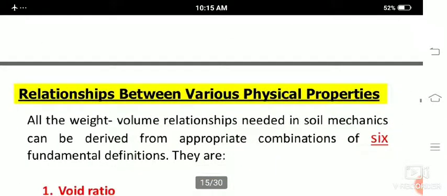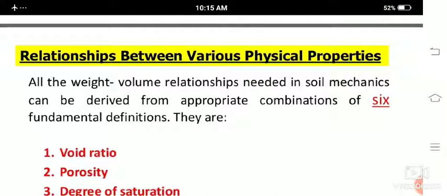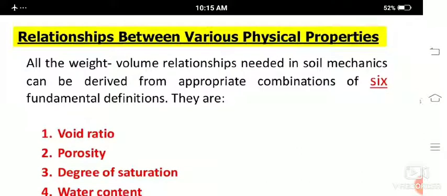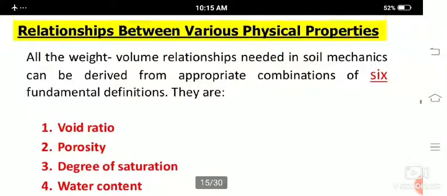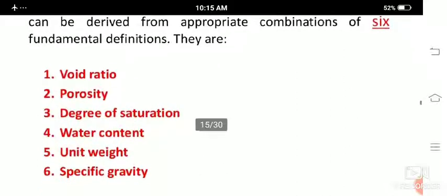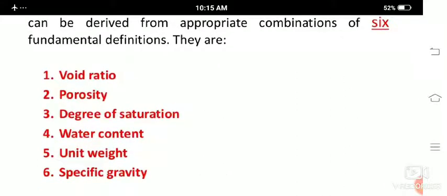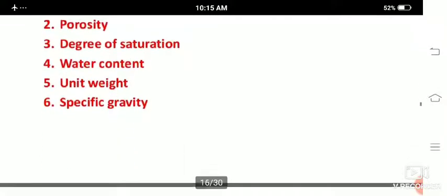Next is the relationship between the physical properties. As we all know, these physical properties of soil mechanics can be derived from different types of fundamental definitions. The first one, which we have already studied, is void ratio, that means volume of voids by volume of solids. Next is porosity, degree of saturation, water content, unit weight and specific gravity.